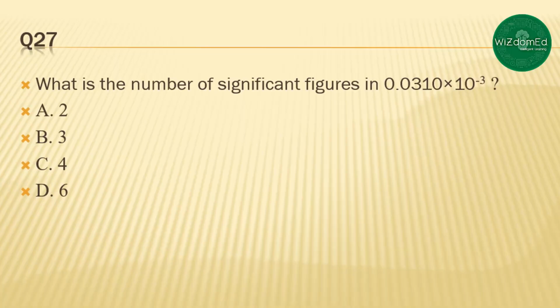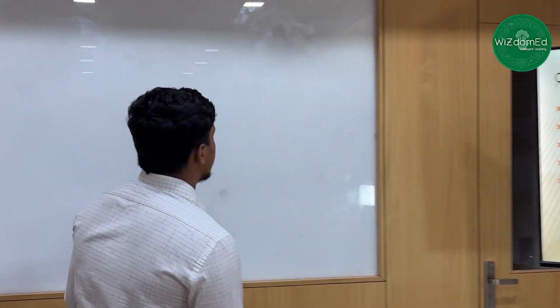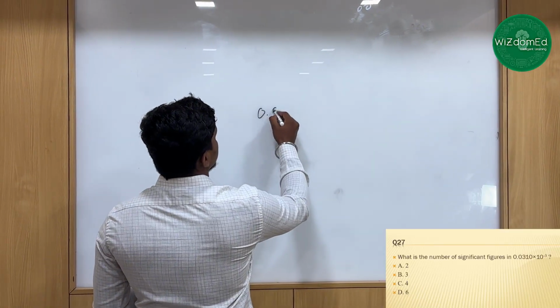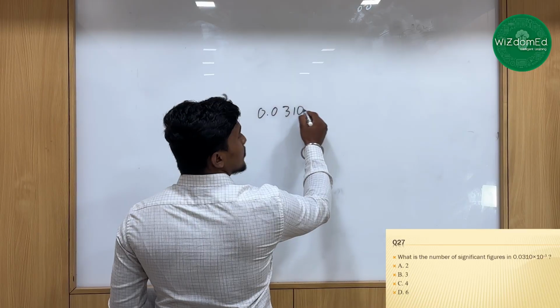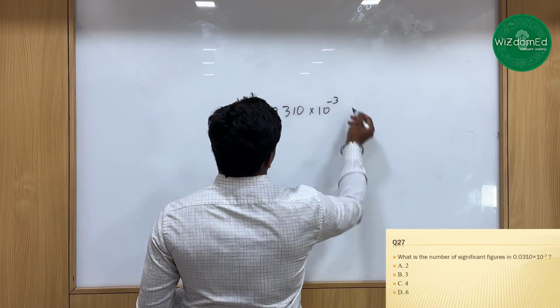Okay. What is the number of significant figures in 0.0310 into 10 to the power of minus 3? Let's take 0.0310 into 10 to the power of minus 3.